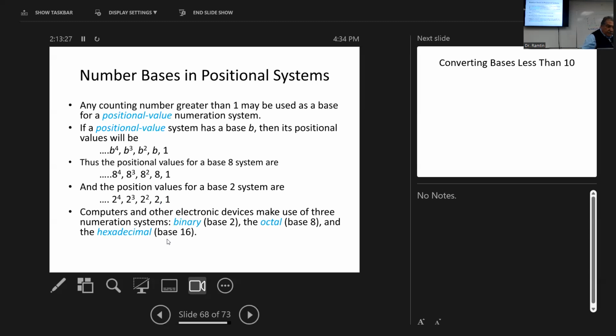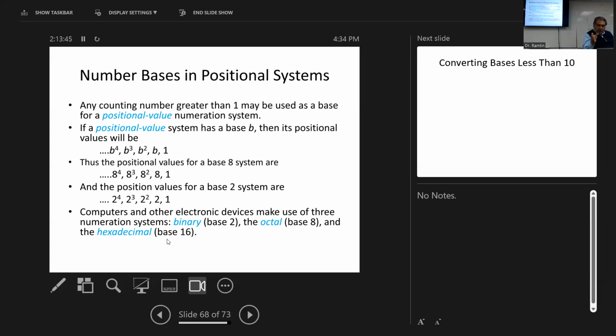Now, number bases in positional systems. Any counting number greater than 1 may be used as a base for a positional value numeration system. So in general, let's say the base is b.